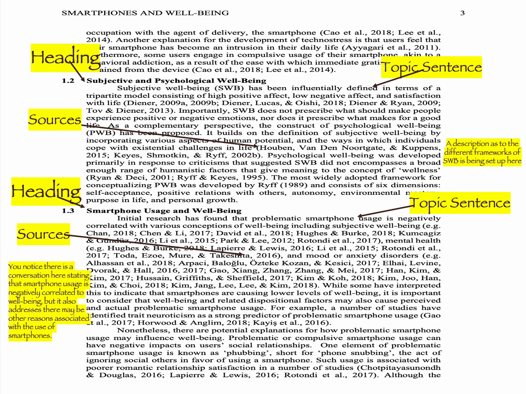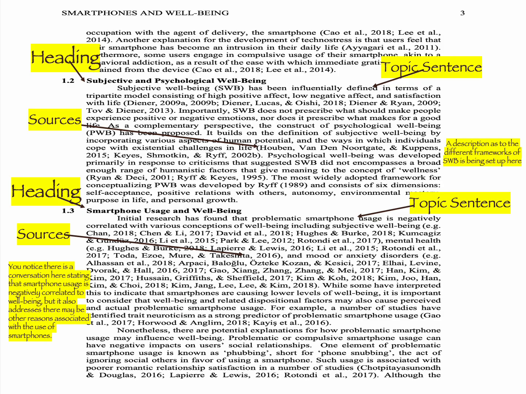So it says, while some have interpreted this to indicate that smartphones are causing lower levels of well-being, make sure I don't miss anything. It is important to consider that well-being and related dispositional factors may also cause perceived and actual problematic smartphone usage. For example, a number of studies have identified trait neuroticism as a strong predictor of problematic smartphone usage.